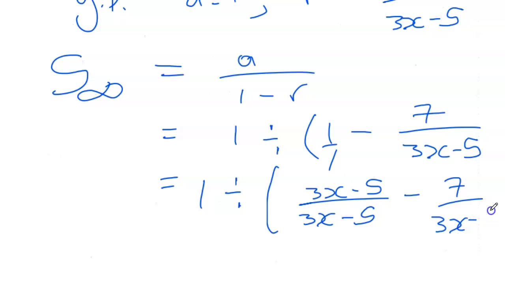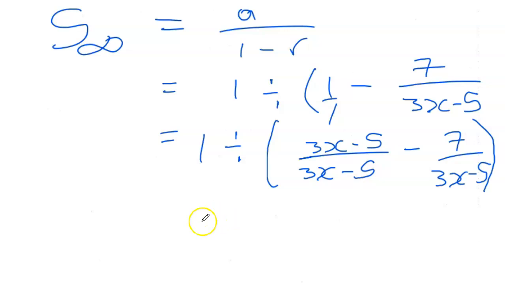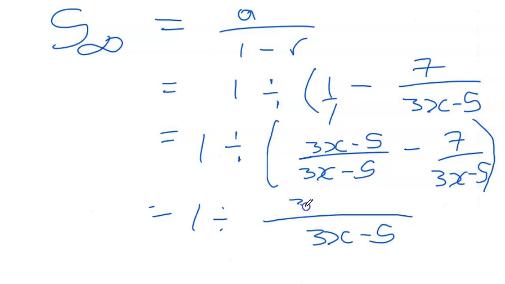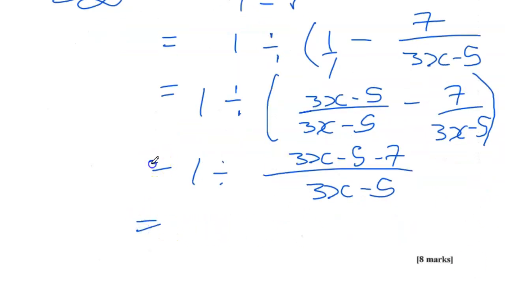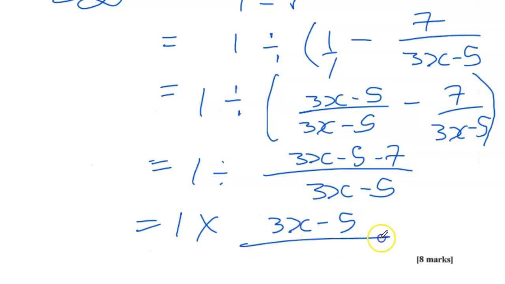Since we have a common denominator now, we can put the numerators together. So this is 1 divided by the common denominator, 3x minus 5, minus 7. We can multiply and reciprocate, so flip: the 3x minus 5 is now the numerator, and the denominator is 3x minus 5 minus 7.